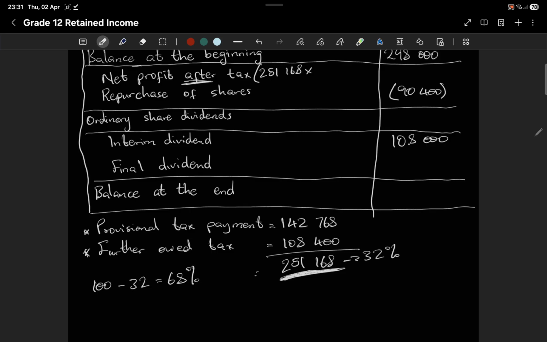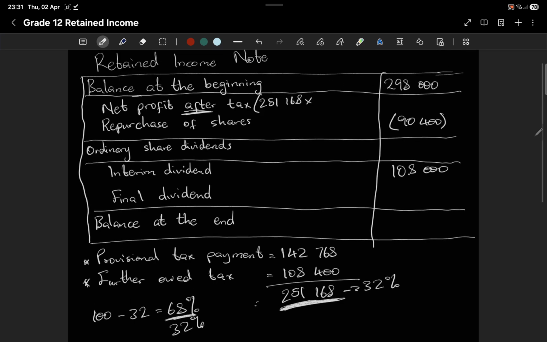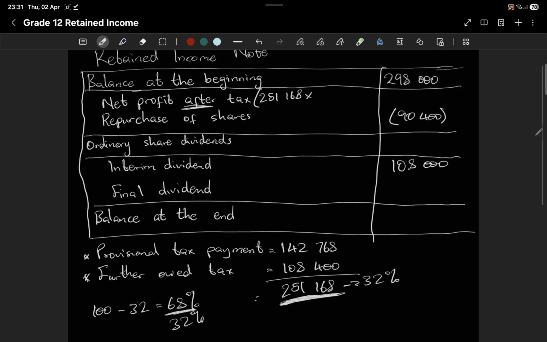Now this 68% represents the amount of net profit after tax that we don't know. Then we have the amount that we know, which is 32%. When you come to your calculator again, you are going to say 251,168 multiplied by 68 divided by 32.